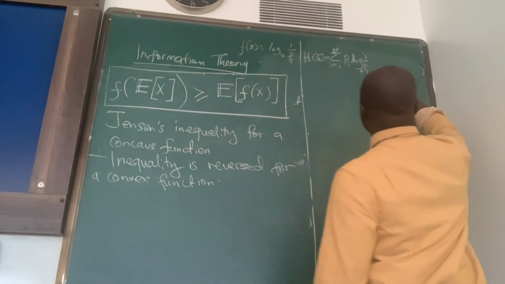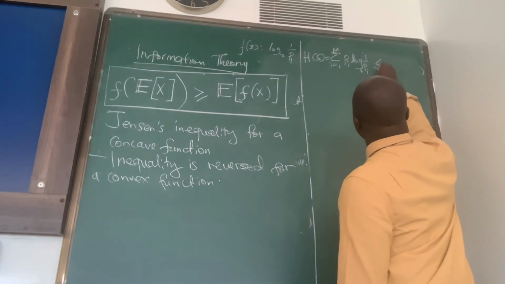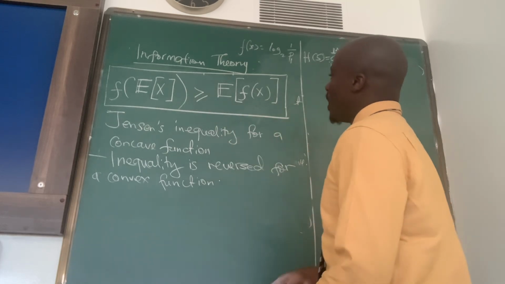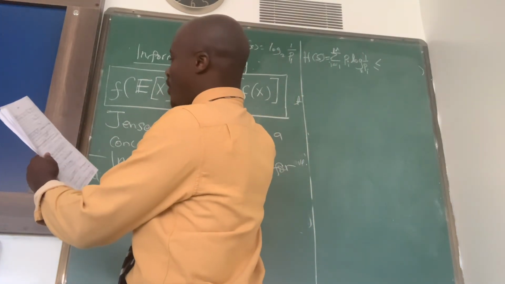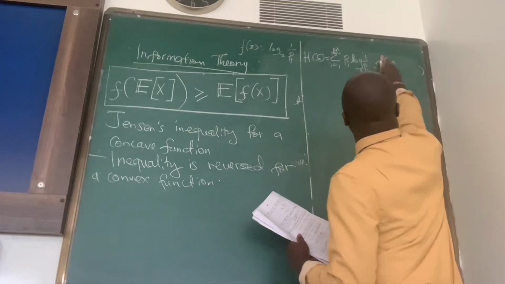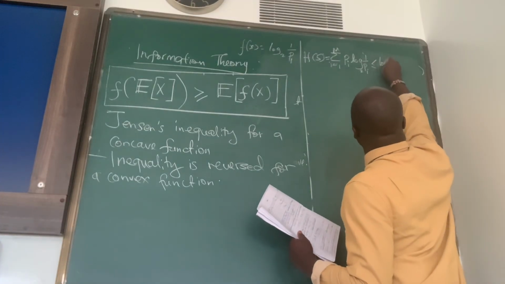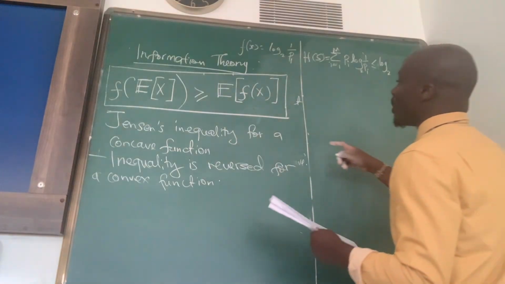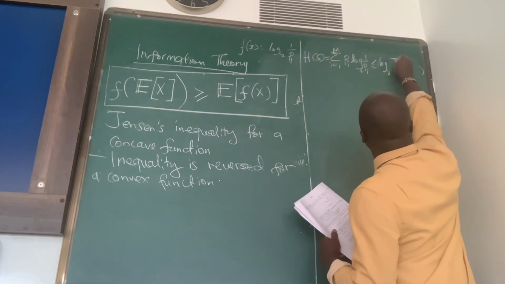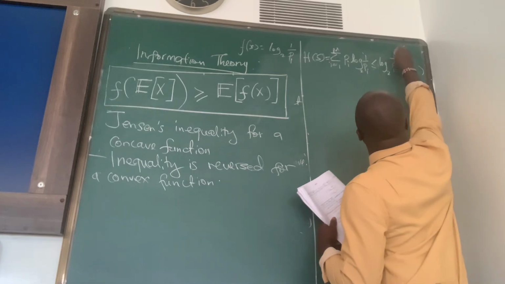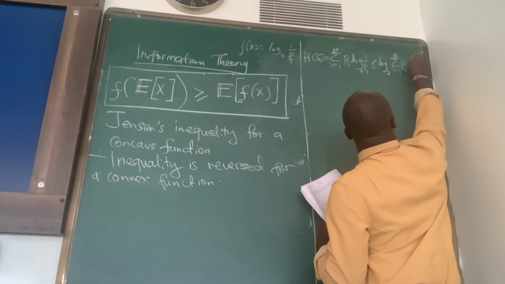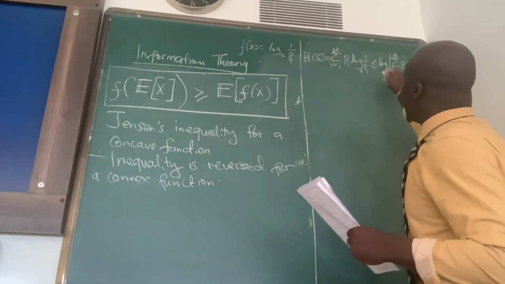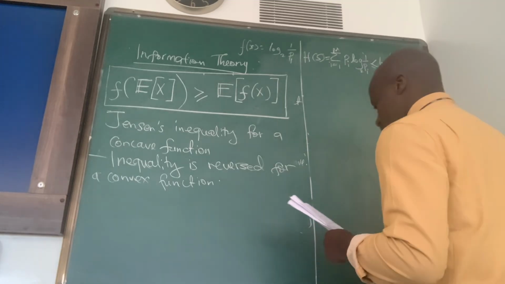So this means we can write this as less than or equal to, applying this inequality, the function of the expectation. So I take the function, which is log base 2, and the expectation in this case is the summation from i equals 1 to m of p_i times 1 over p_i. Okay? So this bound is important.